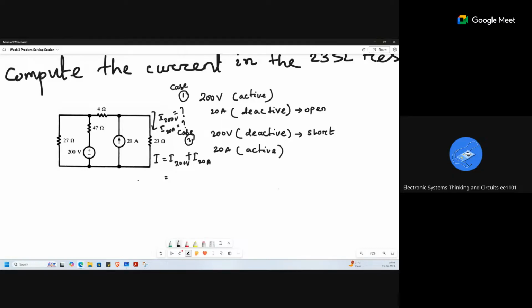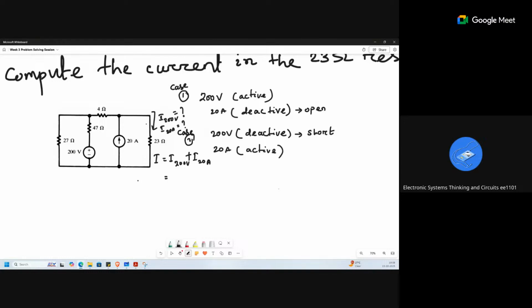Yes. Superposition principle means you have two sources. Mathayan, you can focus here. What is the superposition principle? You have two sources in the circuit. If I want to find anything in the circuit, for example here you have to find the current through the 23 ohm, you have to find it using the superposition principle.